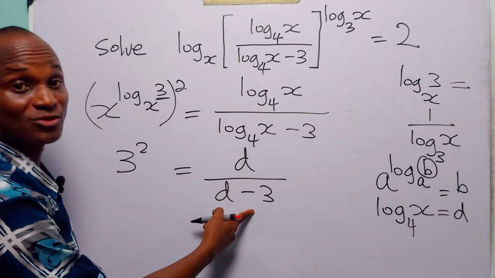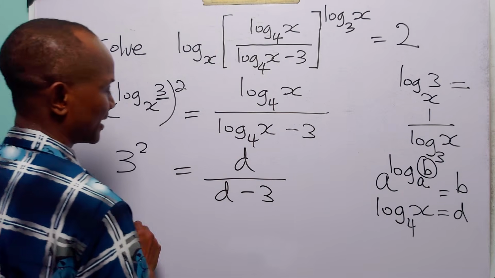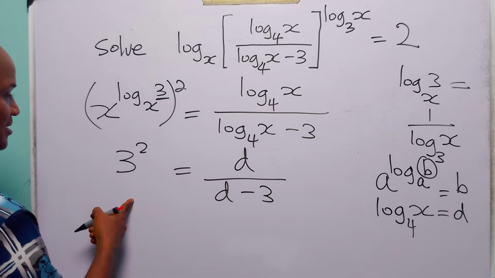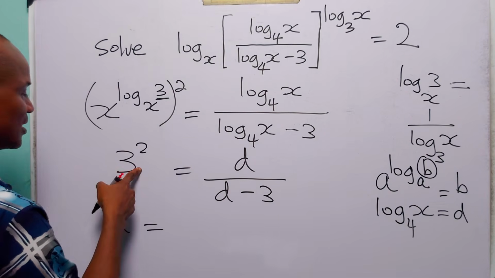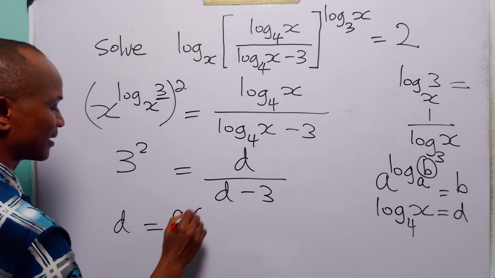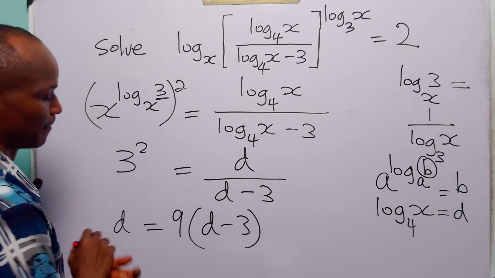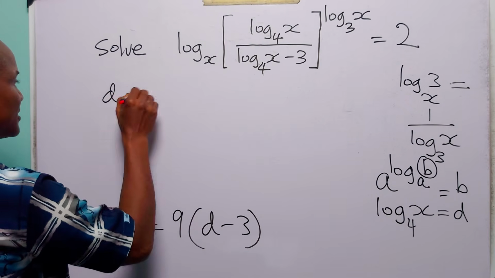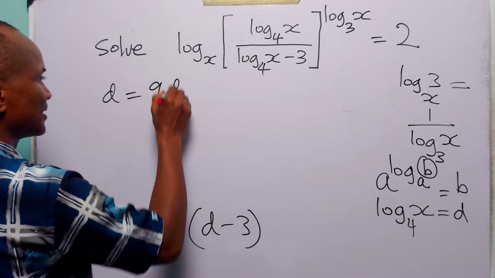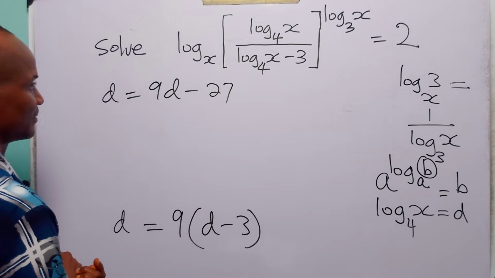And of course, to get rid of this fraction on the right-hand side, we cross multiply. When we do that, we have that d is equal to 3 squared, which is 9, multiplied by d minus 3. Now, opening this bracket, we have that d is equal to 9d minus 27.